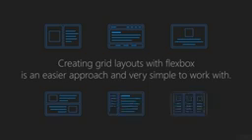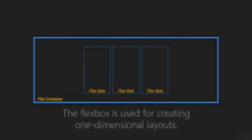Now, before we move on to the properties used with Flexbox, it's essential to understand the terminology of Flexbox first. Observe this diagram. There is a Flex container which contains 3 Flex items. Flexbox is used for creating one-dimensional layouts.